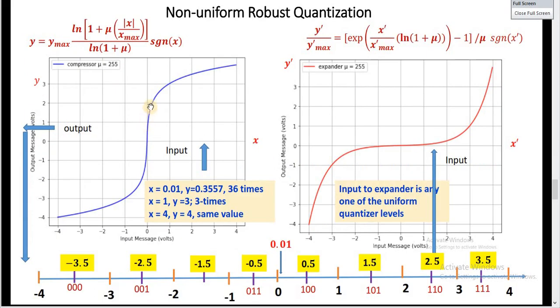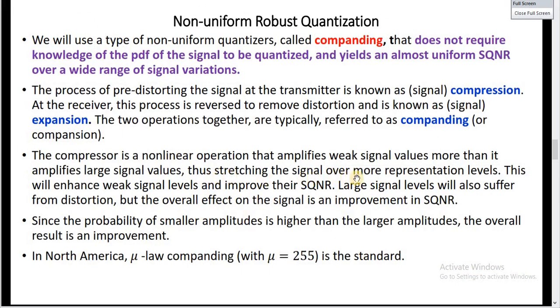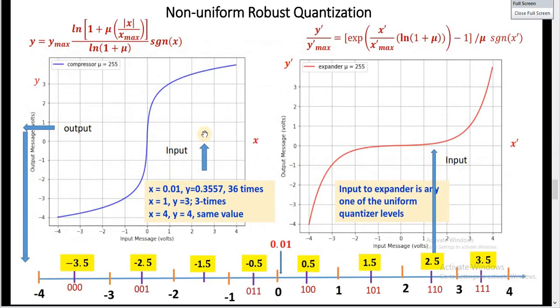The compressor is a nonlinear operation that amplifies weak signal values more than it amplifies large signal values. This is how small signal amplitudes are being amplified, thus stretching the signal over more representation levels. When the input signal is amplified, this means that there is a higher probability that these high levels will be utilized.